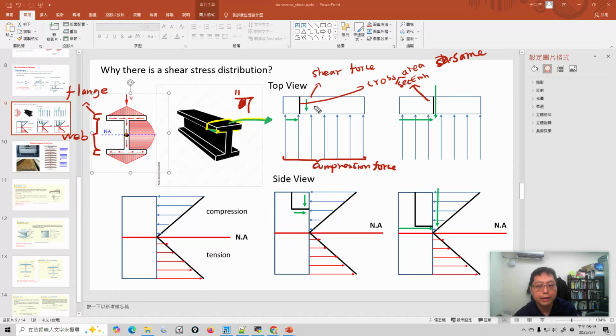That's why we have the shear stress distribution at the flange part. Then we will use the same concept to explain later the shear stress distribution at the web.